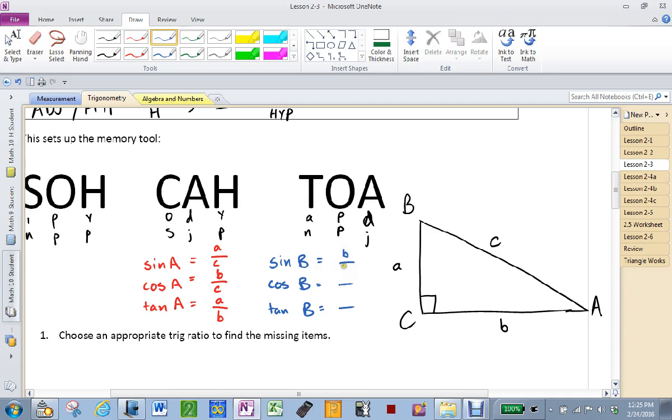Over what? C. Why? Because c is the hypotenuse, and the hypotenuse never changes. What's cosine? A over c. And what's tan of B? B over a. Does everybody understand trig?